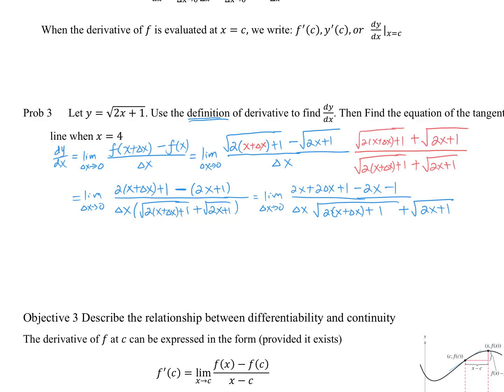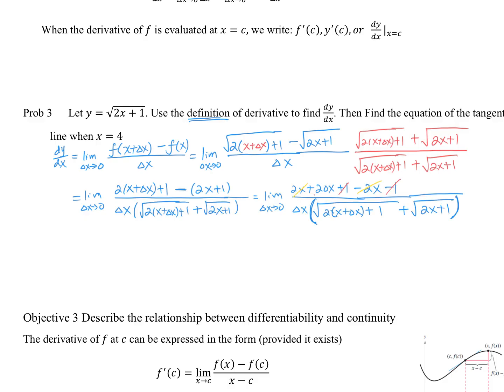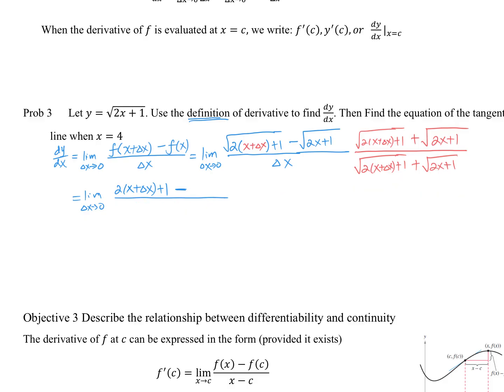Okay, and at the top we should have, oops, I think the parenthesis is not placed correctly. I should place that around the sum of these two roots. And now negative 1 cancels with this positive 1, and 2x is gone. And the top, we actually have only 2 delta x on top.